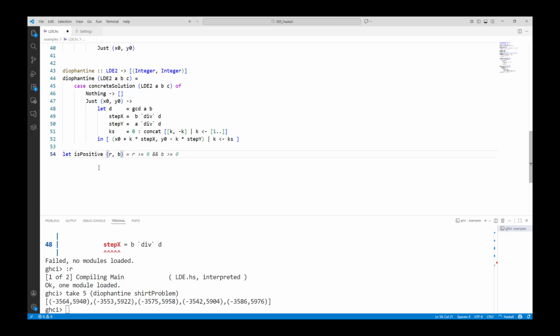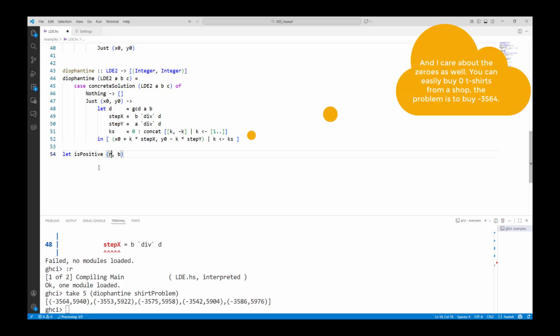I'll use X and Y, and red should be bigger than 0 and black should be bigger than 0. And then filter is positive.